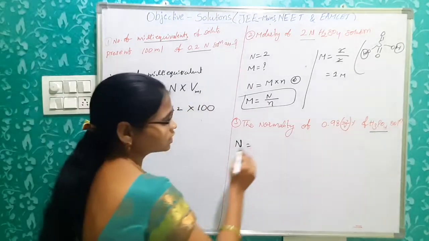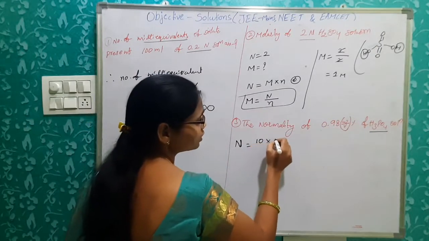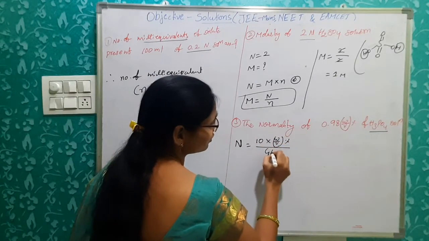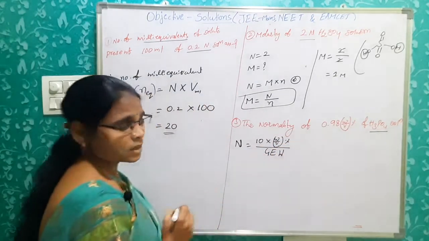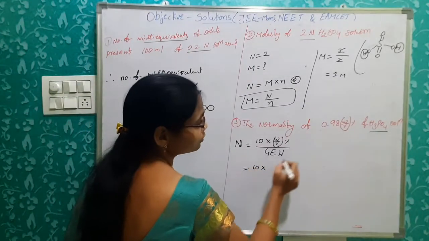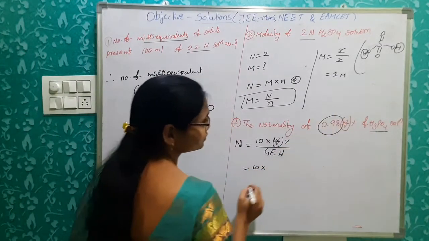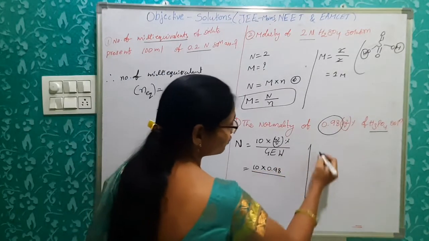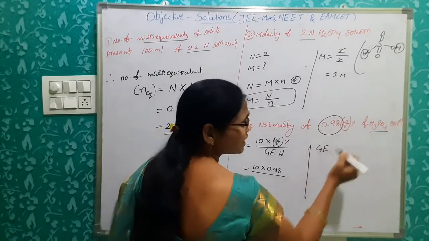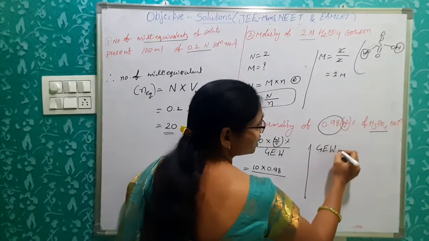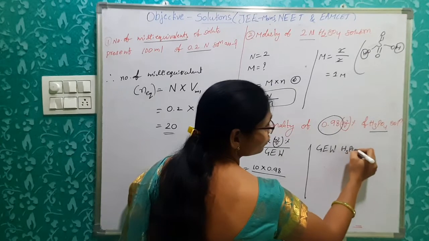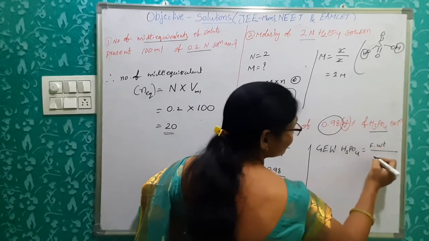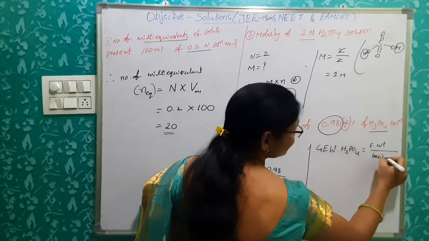When weight by volume is given, normality is equal to 10 into the weight by volume of that solute by the gram equivalent weight only. 10 into weight by volume, given as 0.98, by the gram equivalent weight of phosphoric acid, H3PO4, which is the formula weight or gram molecular weight by the basicity of that acid.